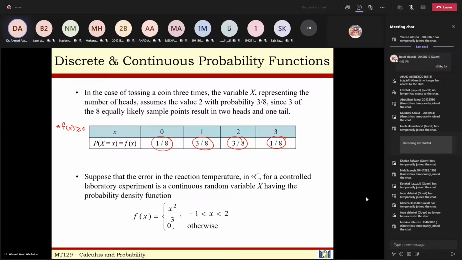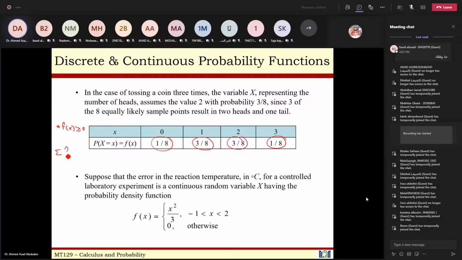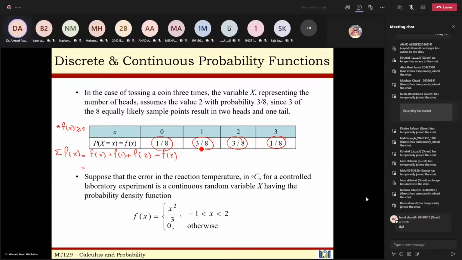Now, the summation of f of x: f of 0 plus f of 1 plus f of 2 plus f of 3, we can find it by 1 plus 3, 4, plus 3, 7, plus 1, 8 over 8. So this is 1. So this is a probability mass function.